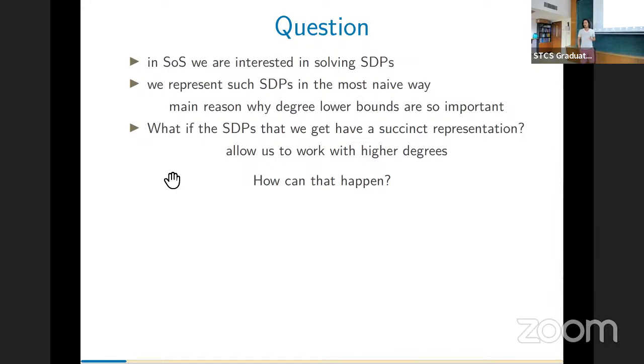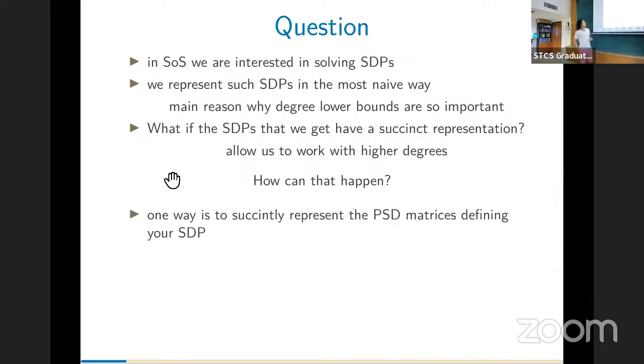How can we work with these things? One way is that we can succinctly represent the positive semidefinite matrices appearing in your SDP. And if you can do this, then you can at least probe it. You can query a point, do membership queries and all of that, or compute barrier functions if you want to do optimization.